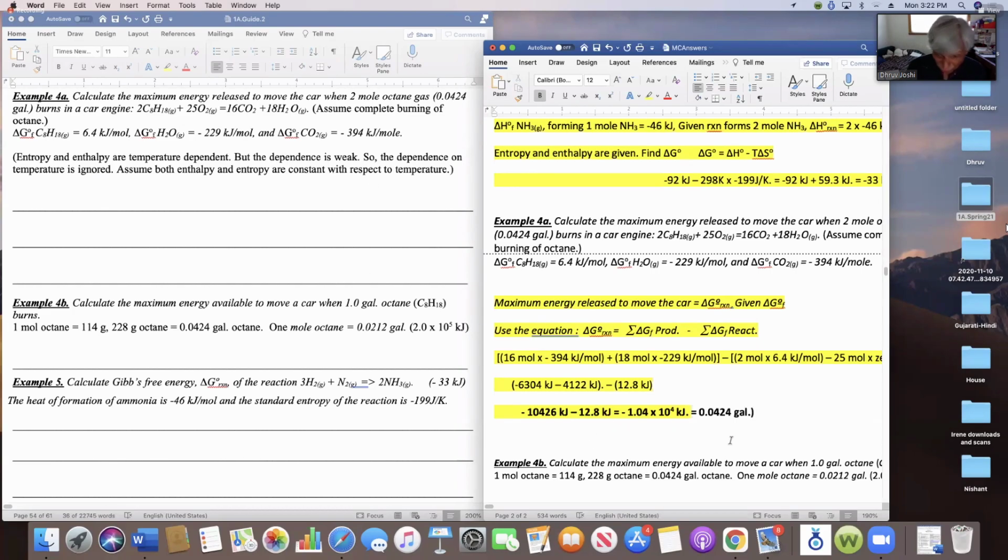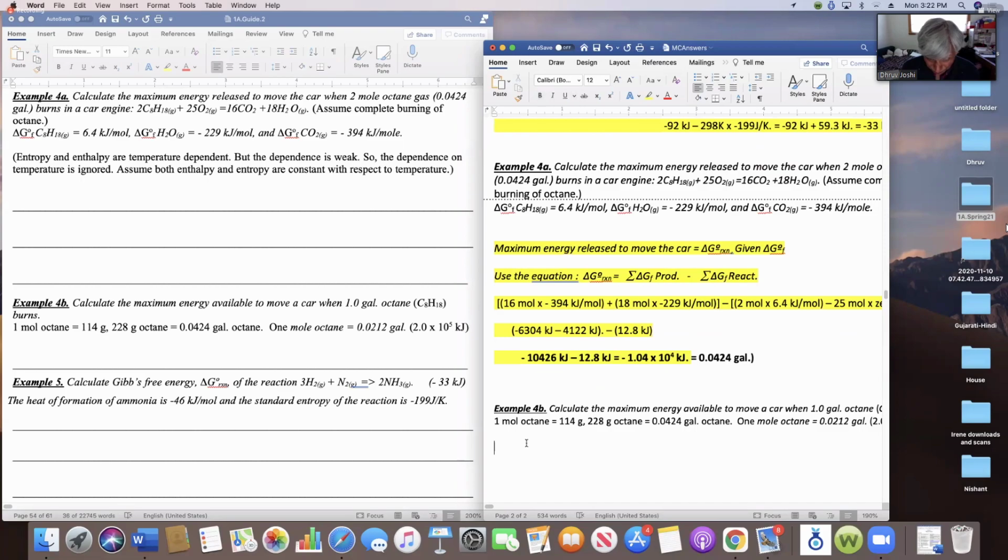So we have a conversion factor now. This many gallons equals this many kilojoules. We are talking about 1 gallon, so we just have to multiply that.